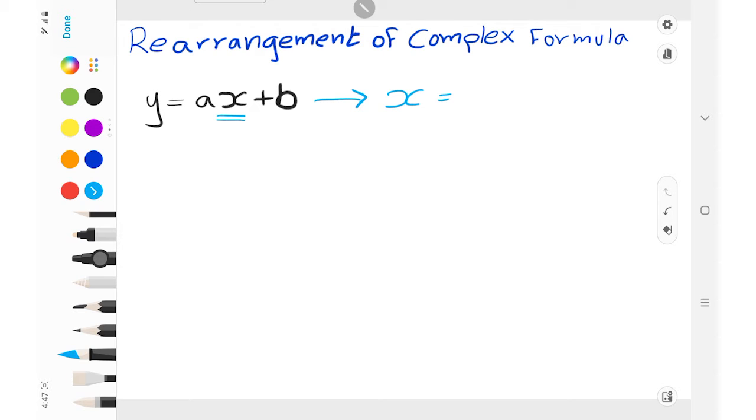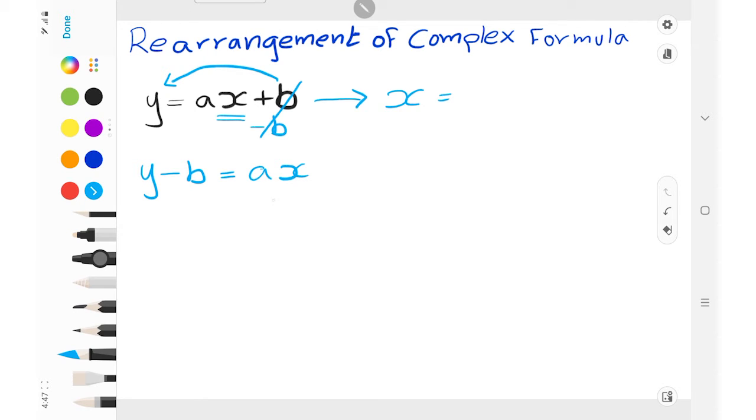So first thing, I want to remove anything beside x. I have here plus b, so I want to put it behind the equal sign. So I will subtract b from here and bring it to the other side, which will be y minus b equal ax. Plus b and minus b, it's 0.